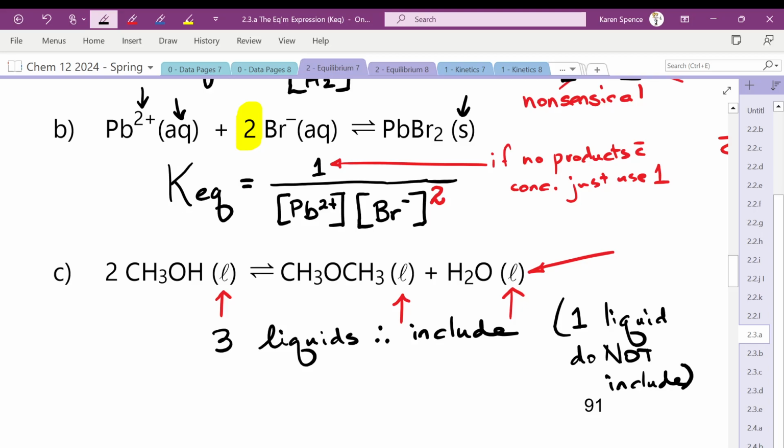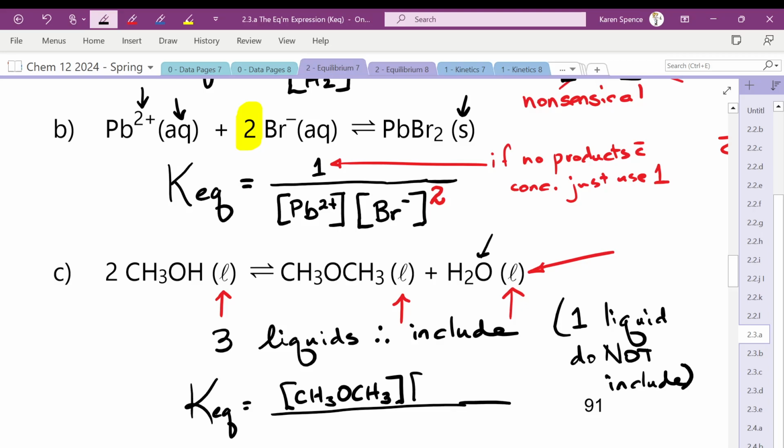So we have KEQ is equal to products, concentration of CH3O, CH3. There's no coefficients, so we don't need to raise it to a power. My other product is water, concentration of H2O. That's a really weird thing to see.